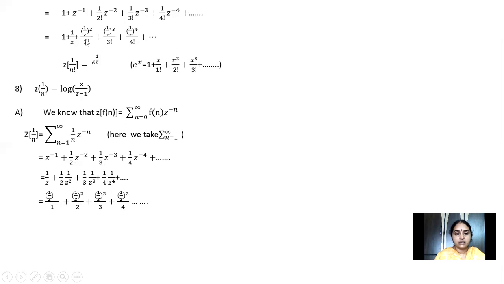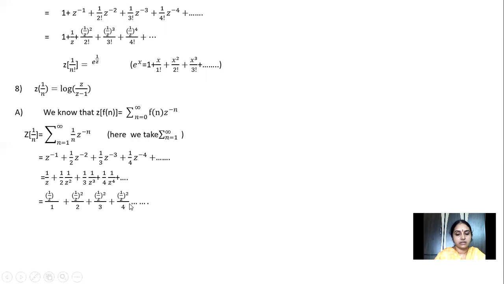When factorials are there in the denominator, you have to immediately recall the exponential formula. But here there are no factorials, but square terms, cube terms in the denominator. Sorry, when you are writing your notes, a simple mistake is there: 1 by z whole cube here, 1 by z whole power 4.